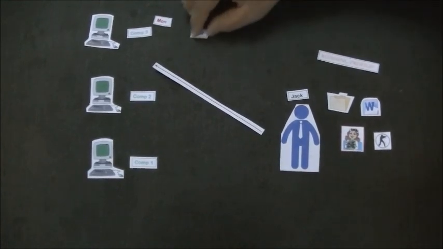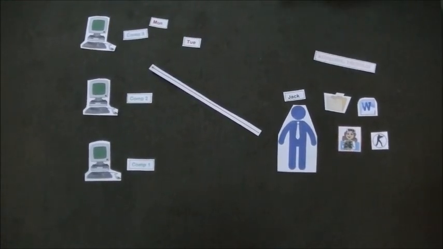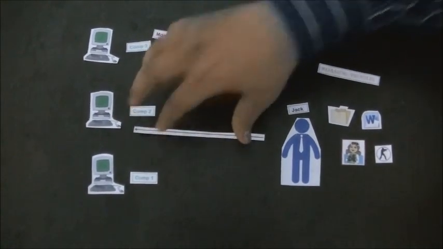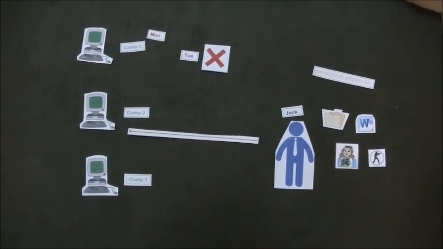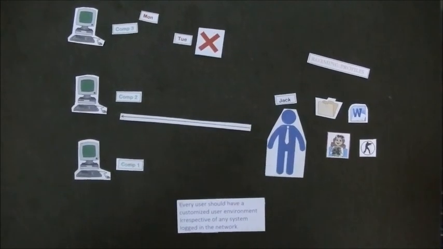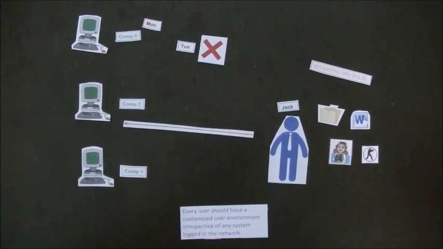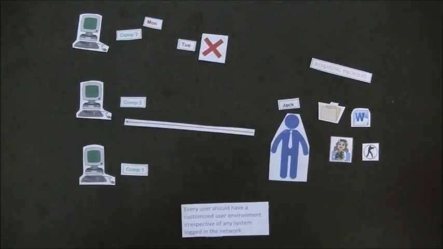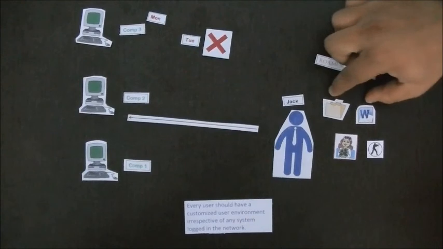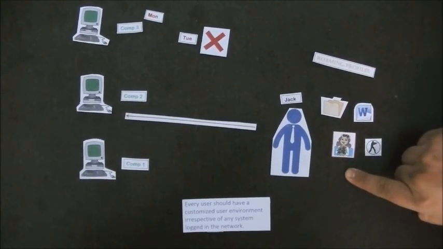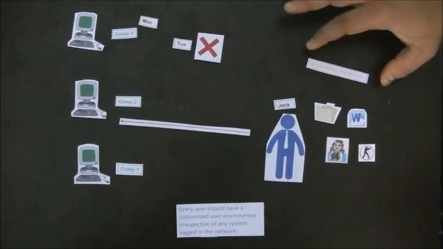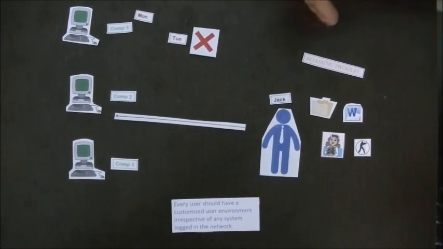On Tuesday, computer number 3 fails, due to which he switches to computer number 2. But because of roaming profiles, we applied a policy that every user should have a customized user environment irrespective of which system they log in to on the network. So even on computer number 2, Jack will find the same files and folders, the same desktop wallpaper and the same shortcuts which he created on COM3, because the roaming profiles are stored centrally on the server.